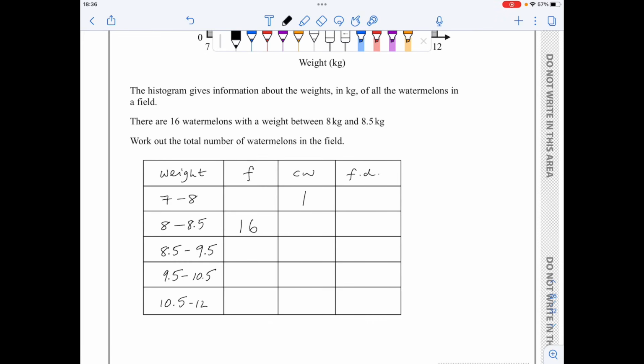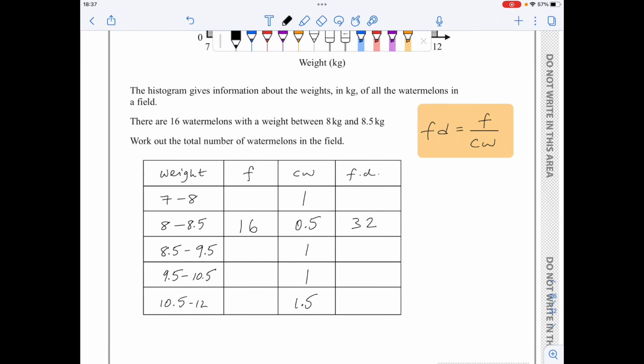So I get 1, 0.5, 1, 1, and 1.5. And then I'll have to find the frequency density, which is given by the following formula. That's frequency over class width. Hence, the frequency density for the 8 to 8.5 category is 32.